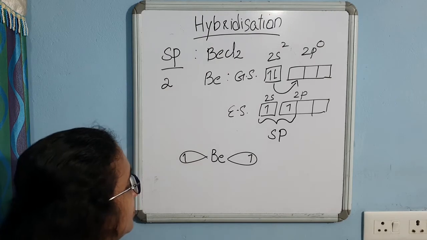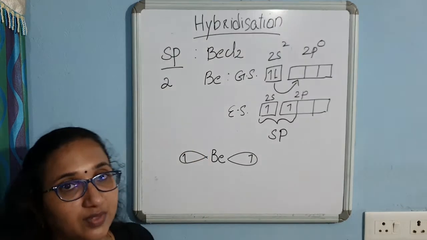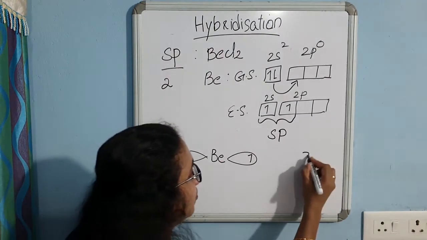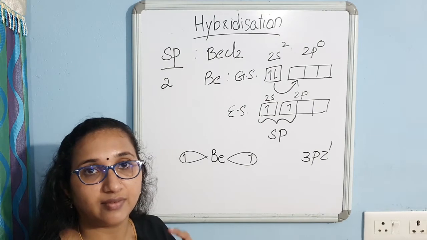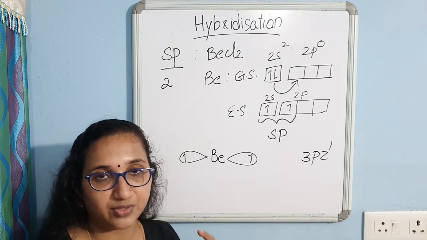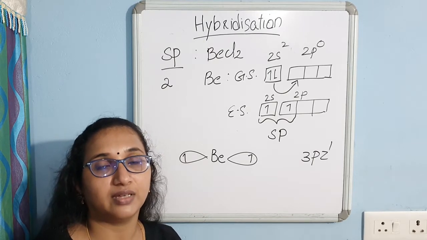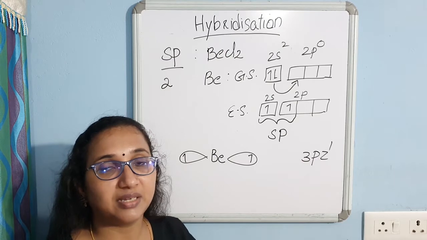Now the hybridization is over. Now the 2 chlorine atoms, each having a valence configuration 3pz1. We know the chlorine atom has the valence configuration 3s2, 3p5. In the 3p5 we have 3px2, 3py2 and 3pz1.